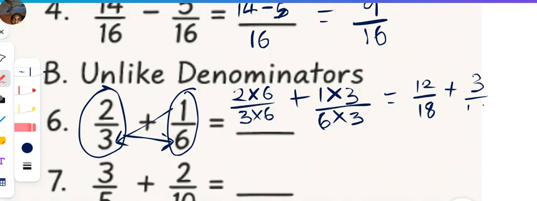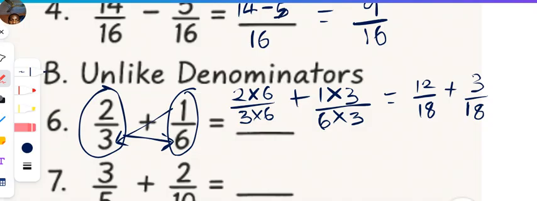Can you see what has happened now? Look at the denominators of these two fractions. Are they the same or different? Oh, they are the same now. The first fraction is 12 over 18, plus the second fraction is 3 over 18. We have made the denominators the same.